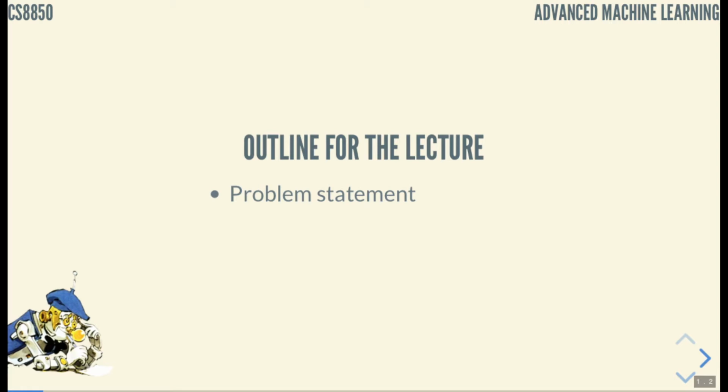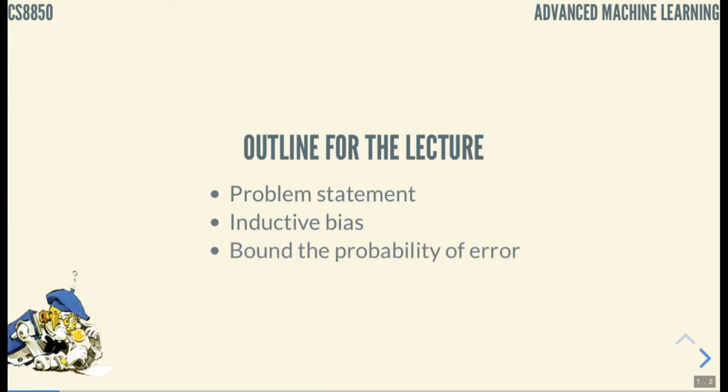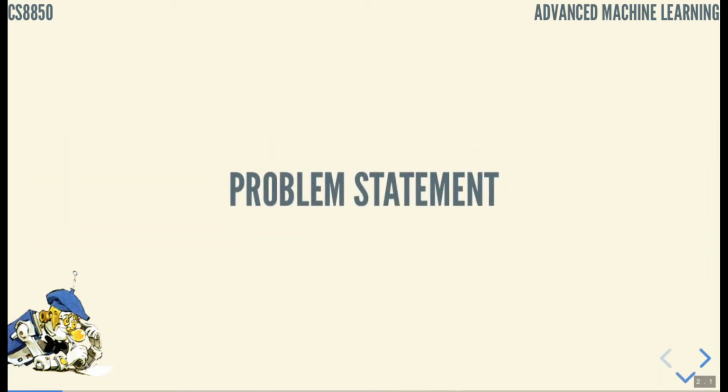Like, let's just try to formalize the problem of learning. And the second one is we'll talk about inductive bias, something that will help us solve that problem. And then we'll try to bound the probability of error of our learner.